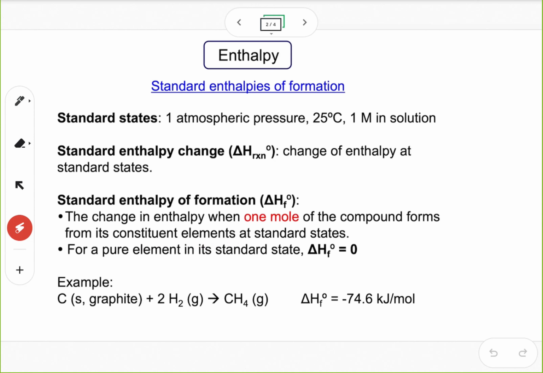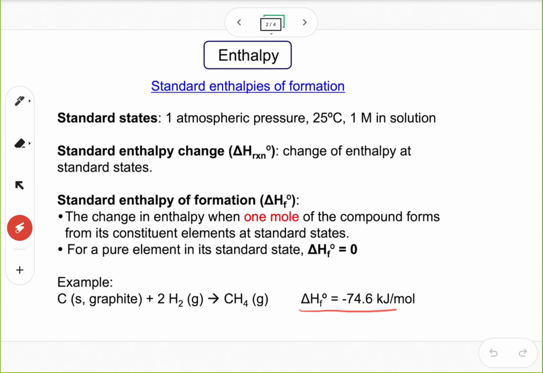Now the third condition is standard states. You have to perform this synthesis at the standard conditions right here. When all 3 conditions get satisfied, then the enthalpy change that is associated with this reaction is the delta HF0 for methane gas.